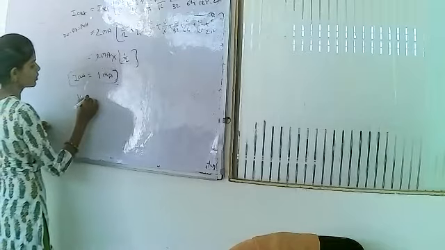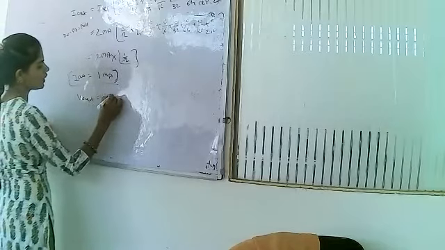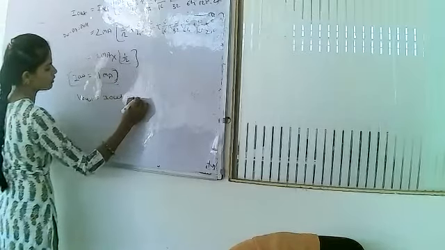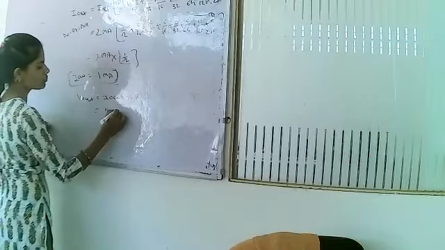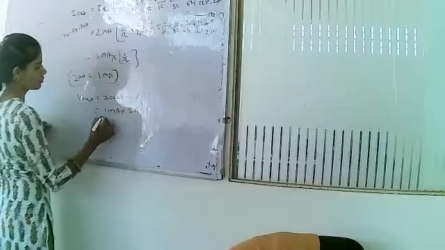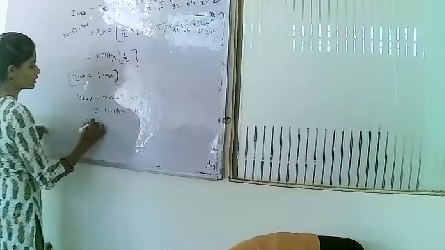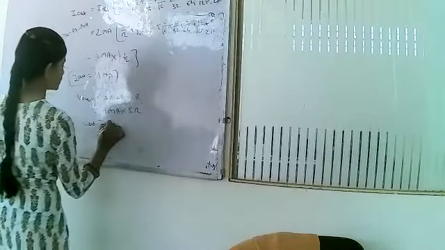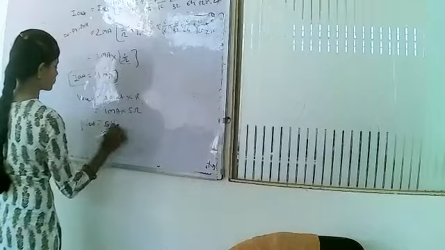Then calculating V out: V out is equal to I out multiplied by R, where I out is 1 milliampere and the resistor is 5K. Then the output voltage is 5 volt.